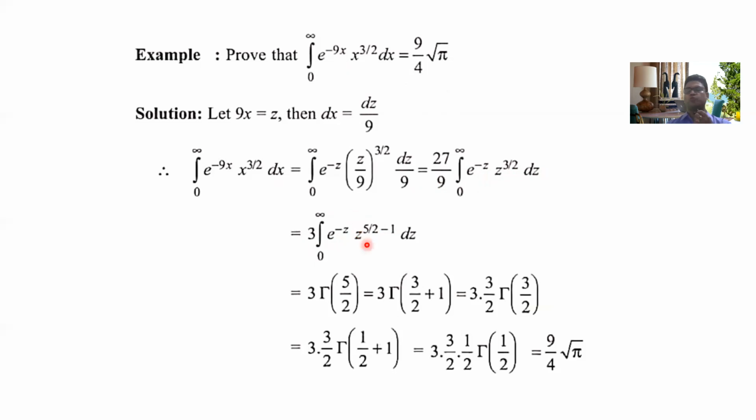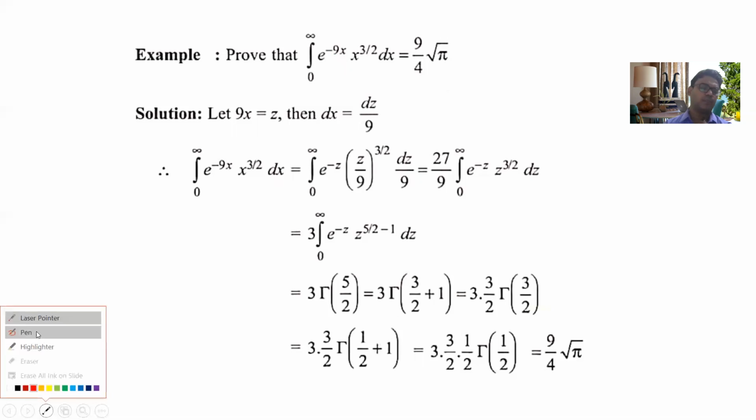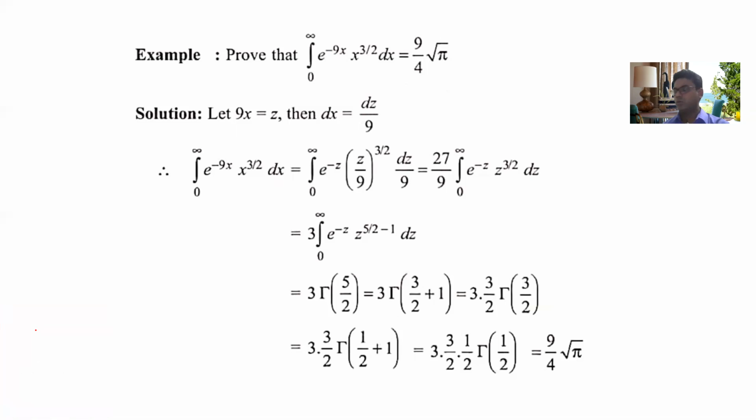I think you have a question in your mind, from where you have this. Very simple, try to understand, very simple logic. What you have is the integral from 0 to infinity of e to the power minus z, z to the power 3 by 2 into dz. What is your requirement? Your requirement is that this power should be something minus 1, that is n minus 1.